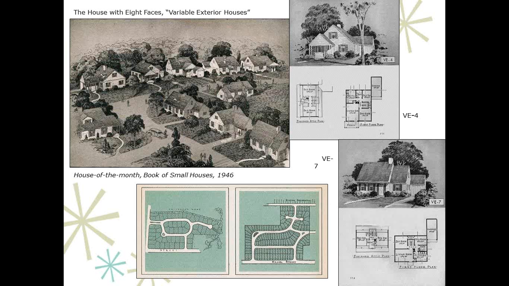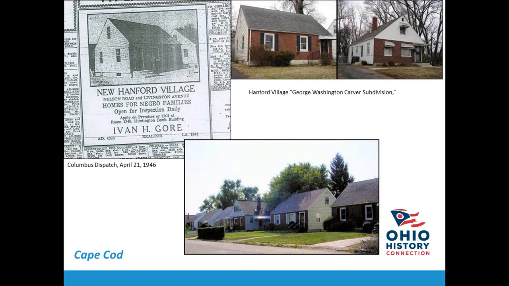And you can see that the Cape Cod had a lot of flexibility and variety to its floor plans, but not everyone benefited equally from all of these federal programs.